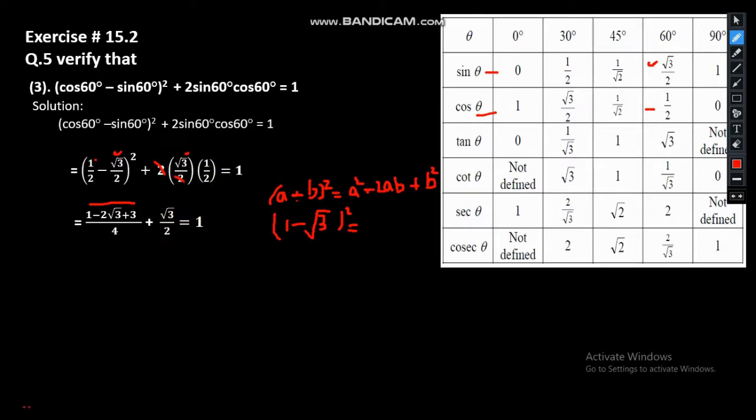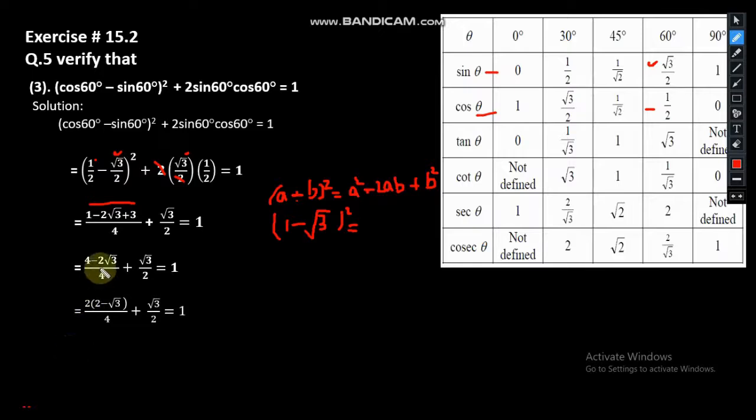Now next step, this we can add 3 and 4, and keep this as it is.